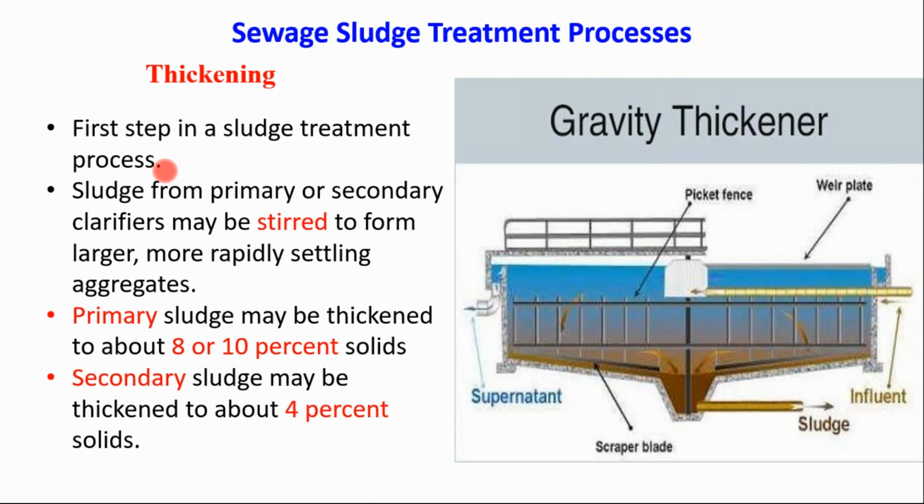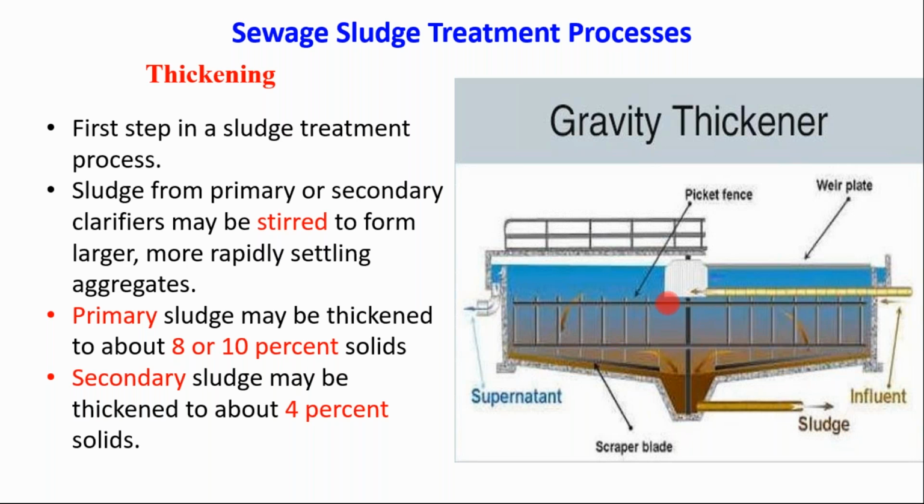Sludge from the primary or secondary clarifiers may be stirred to form larger, more rapidly settling aggregates, and primary sludge may be thickened to about 8 to 10% solids and secondary sludge to about 4% solids.